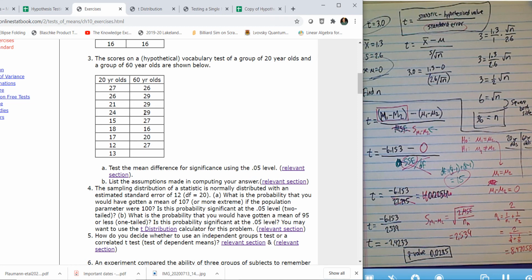I think these 29s kind of set us over the edge. So we would conclude there is a significant difference between the groups.